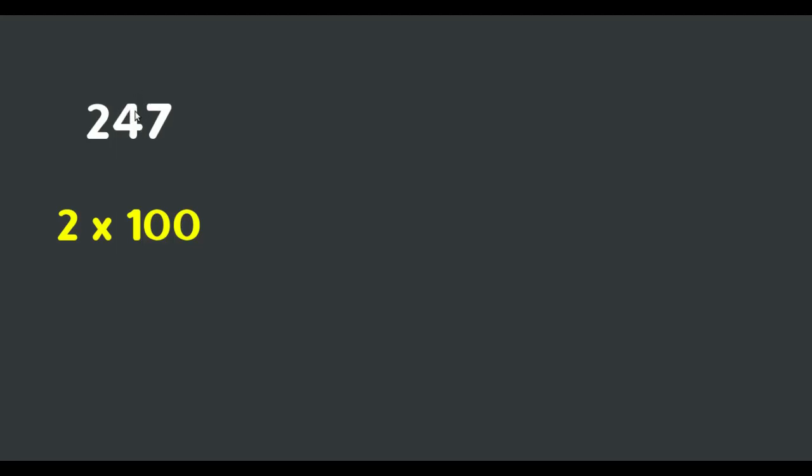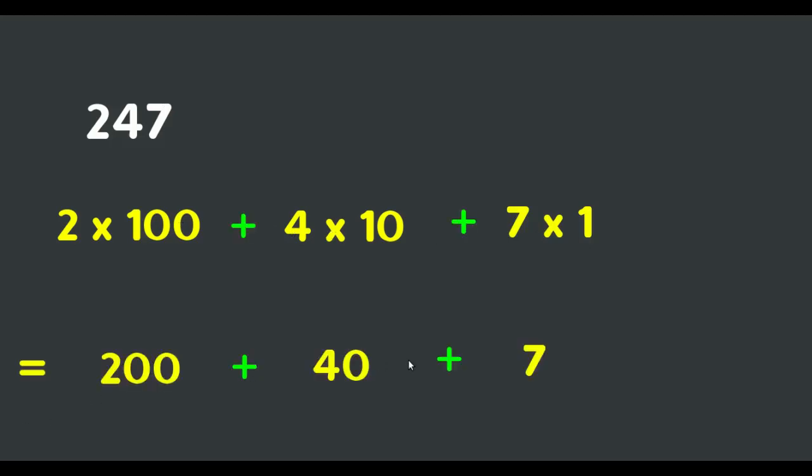Here the second digit is 4, so we have 40 here. We write 4 into 10. And as we know, the first digit represents how many ones we have. Here the first digit is 7, so we have 7 ones. We write it like this, and then we add them up. After doing the calculation, we get 200 plus 40 plus 7, and finally 247.